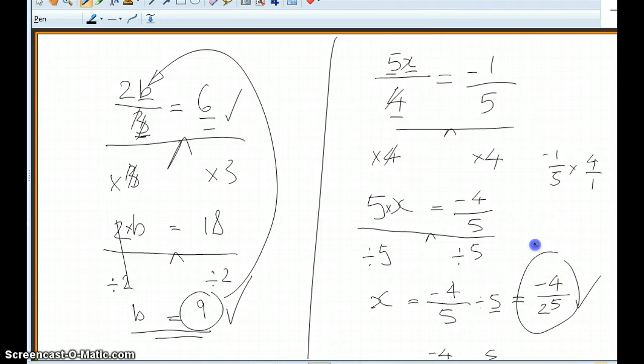And negative 4 over 25 goes in there. 4's cancel. And the 5 over 25 cancels down to 1 over 5. Or minus 1 over 5. Okay, so that actually works. If you weren't sure how to do that in your head, you could have used the calculator to check your answer.